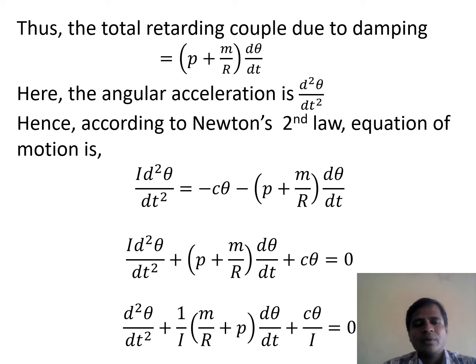Now, dividing the above equation on both sides by I, we get d square theta upon dt square plus 1 upon I into (m upon r plus p) into d theta upon dt plus c theta upon I is equal to 0.